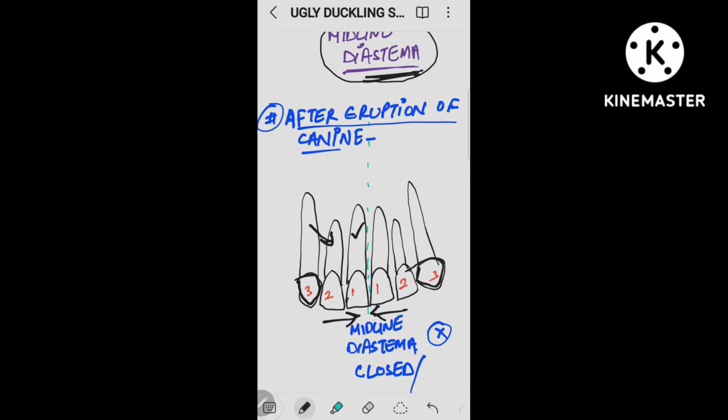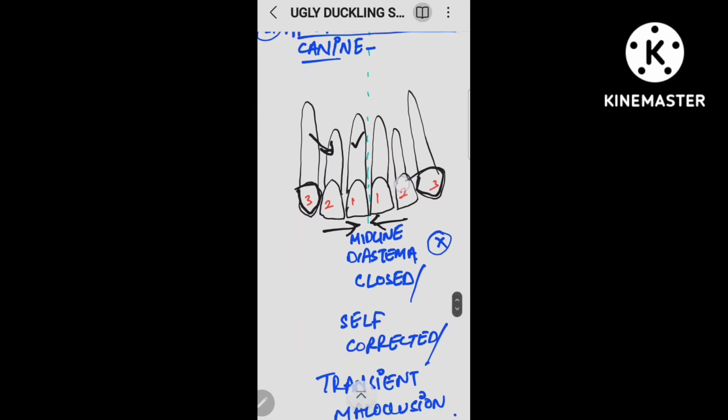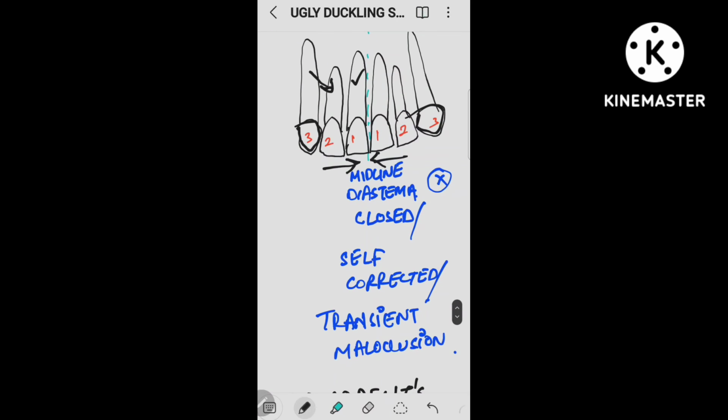Since this is a kind of malocclusion which corrects itself, it is also called a self-correcting malocclusion. It is also called the midline diastema, self-correcting malocclusion, and the transient malocclusion.